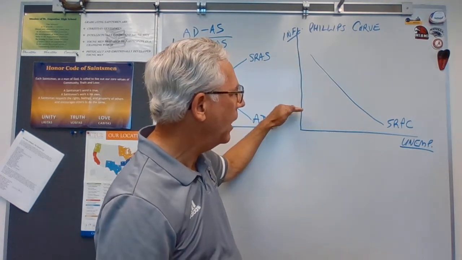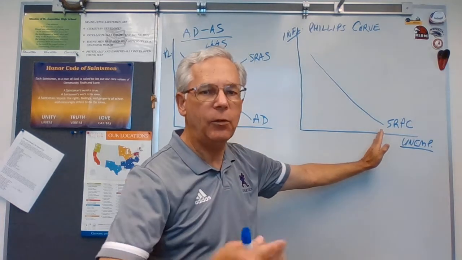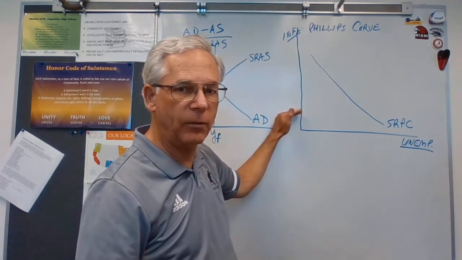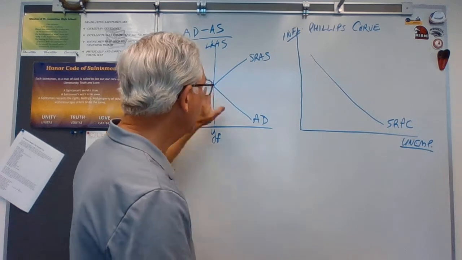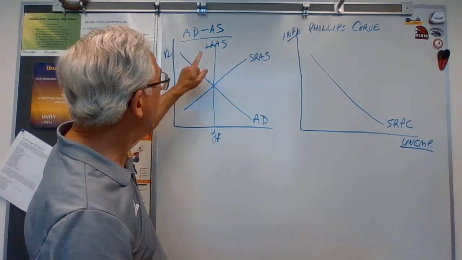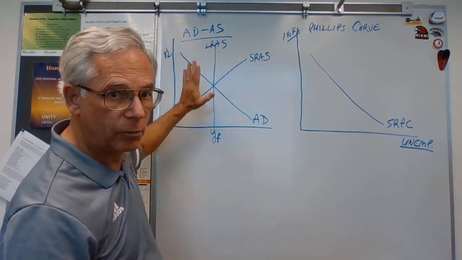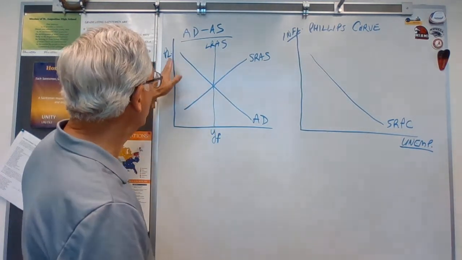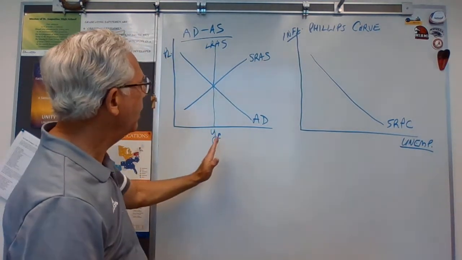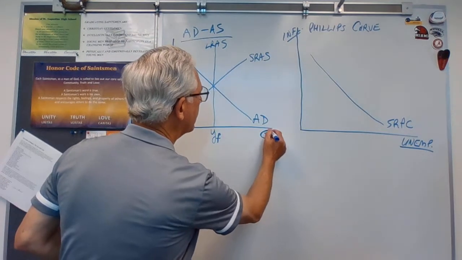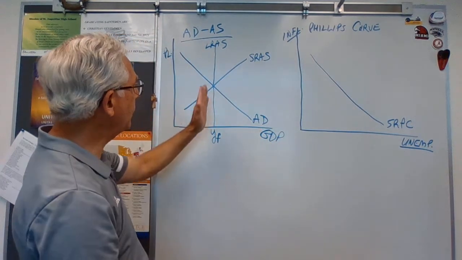And whenever we have high rates of unemployment, historically, we've had low rates of inflation. The reason for that is rooted back here in the ADAS graph, which you're very familiar with at this point: price level on the vertical axis and GDP on the horizontal axis.